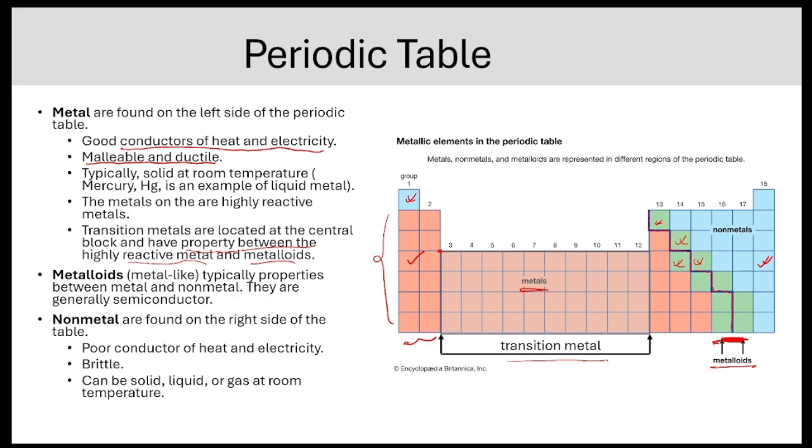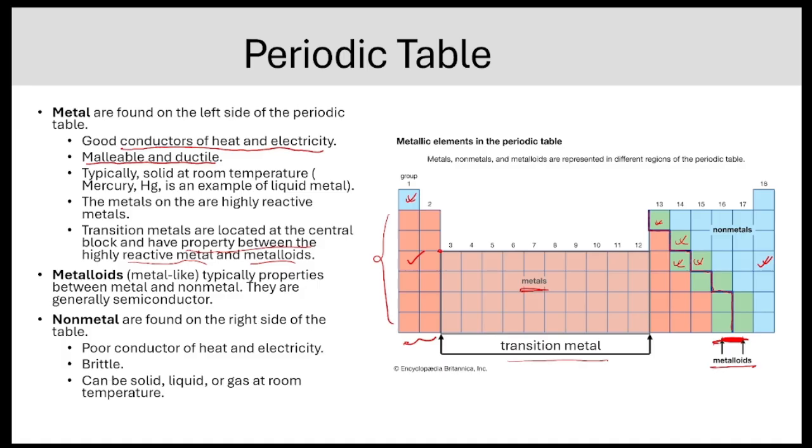And these transition metals include the metals we are mostly familiar with, for example copper, iron, zinc, etc.